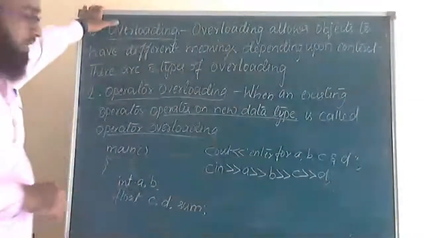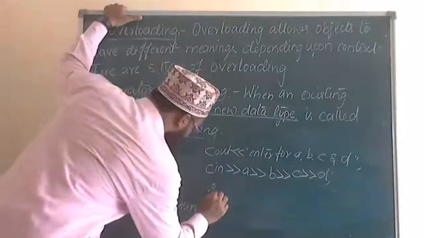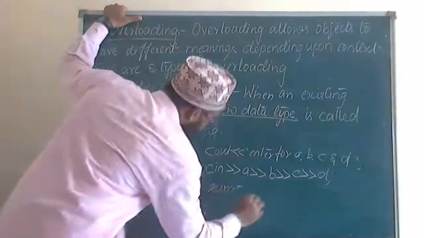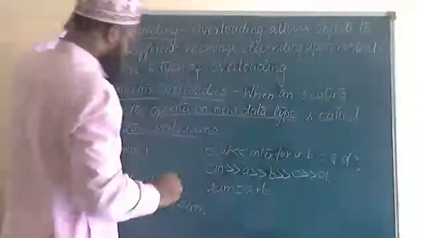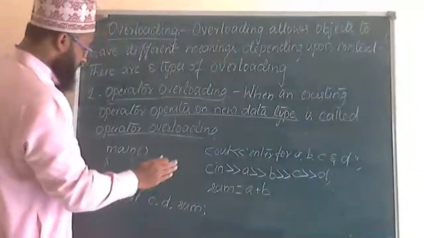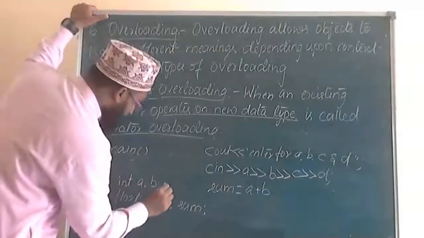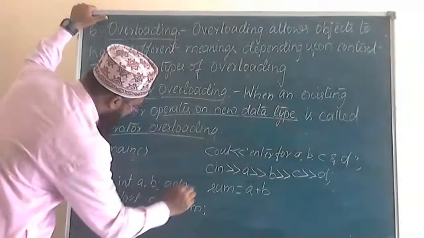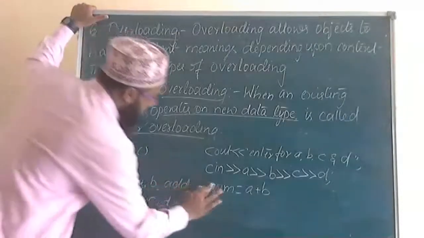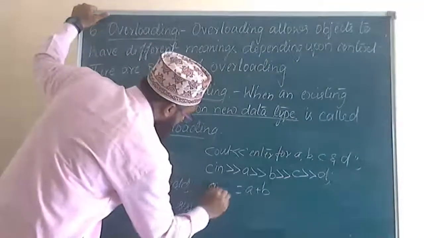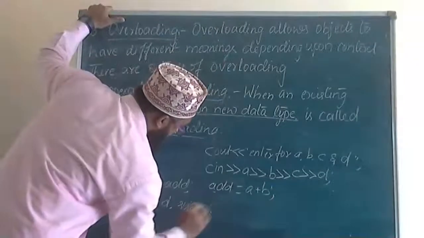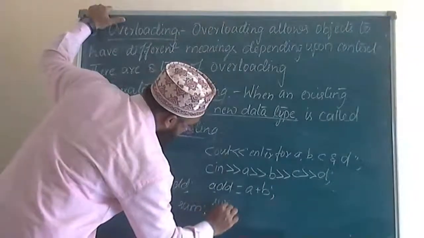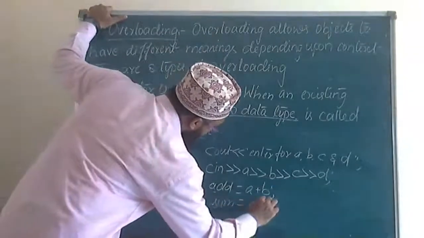After that, sum equals a plus b. One thing I have to do: we will add one more variable. Add equals a plus b. Then sum equals c plus d.